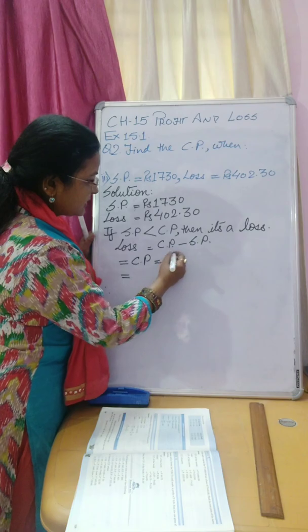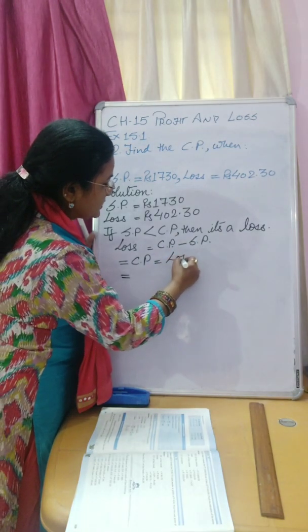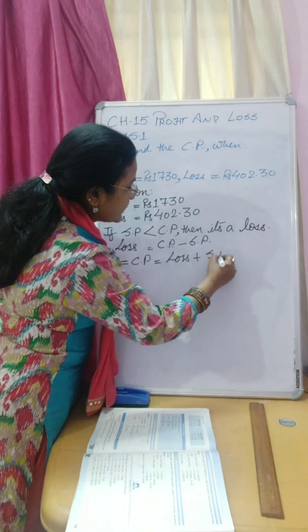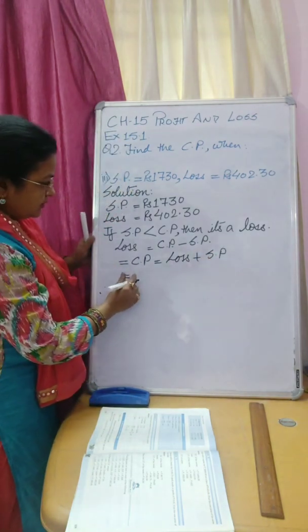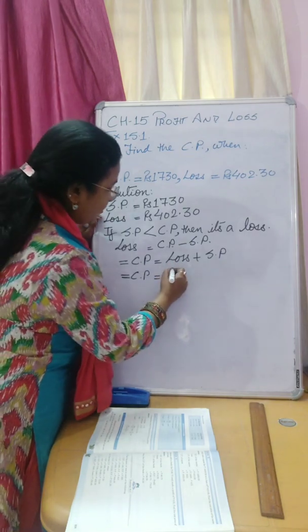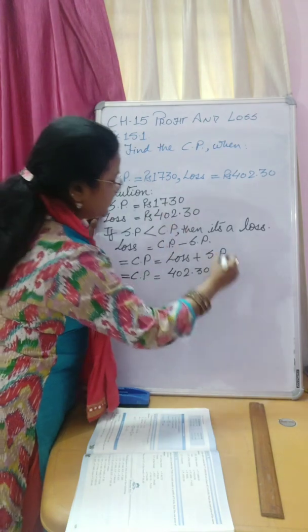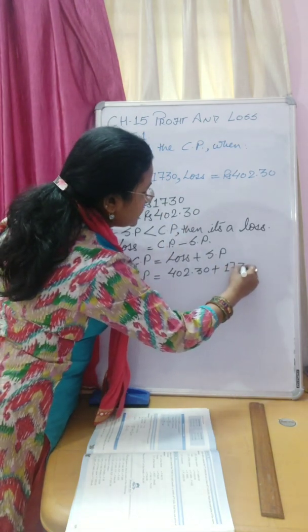This will go on the other side. So minus SP will become plus SP. So loss plus SP. So CP is equal to, loss is how much? 402.30 plus SP is 1730.